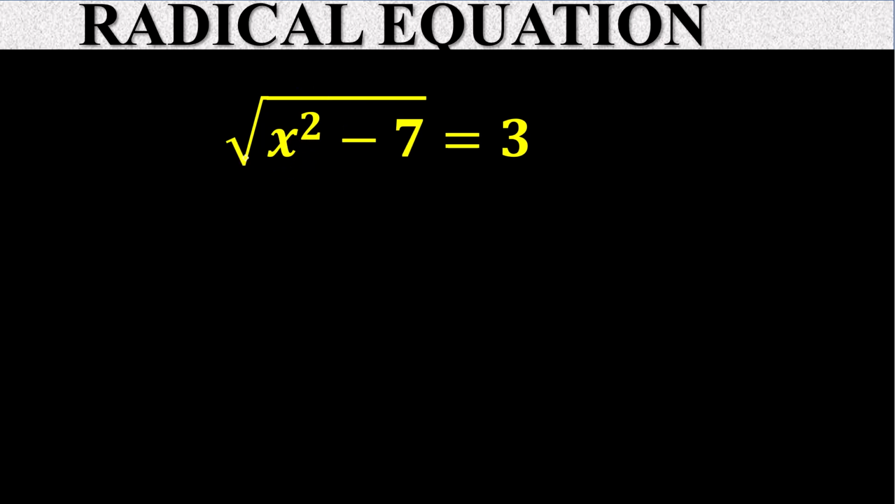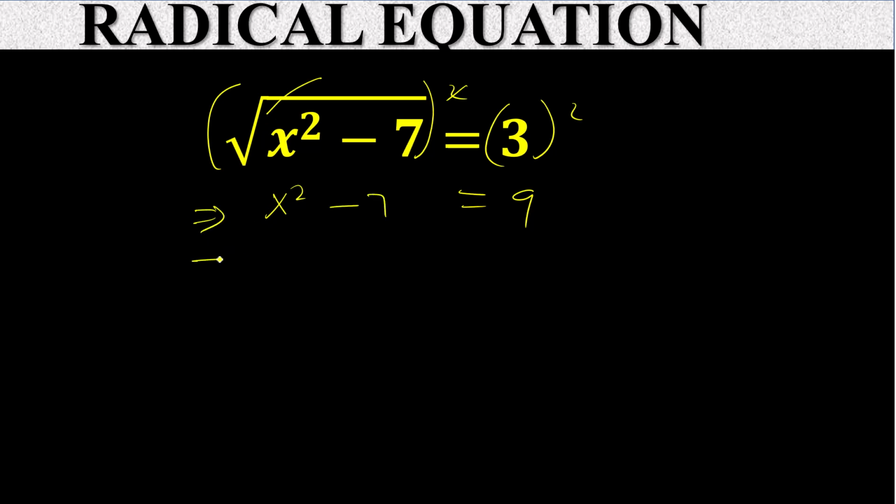The idea is to get rid of the root sign. My right hand side will be 9, so this one will cancel the root sign. I'll be left with x squared minus 7. So x squared minus 7 equals 9.